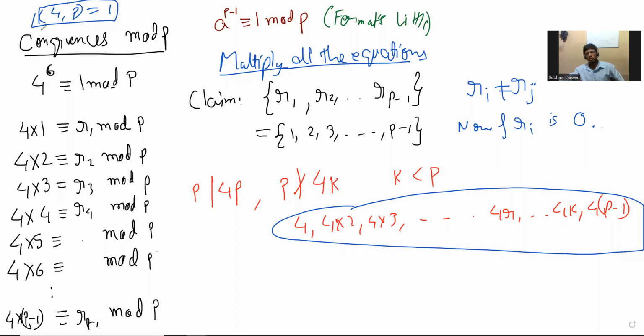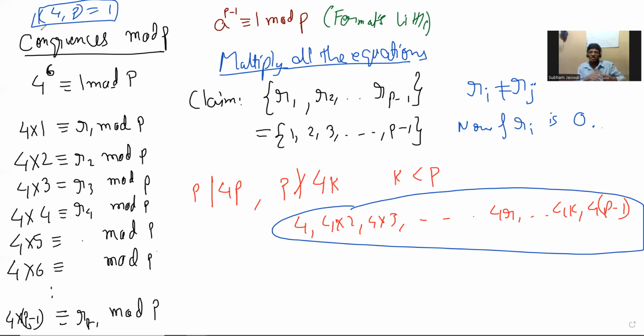If you take 4, but then that's what we're trying to prove. When you multiply 4 with all of them, obviously none of them become 0, but why is it that none of them repeat? It looks more and more correct that none of them are 0, so no two should be equal.